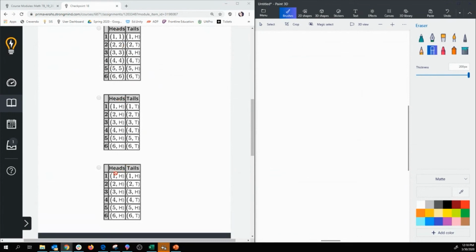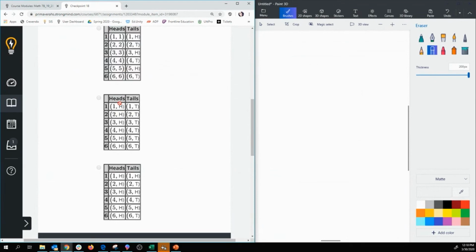Which means that in that entire column, we should have heads. In the second column, we have entirely tails, right? Which means that in our second column, we should have nothing but tails. So if I look at this first table, this first column here has 1, 1, 2, 2, 3, 3, 4, 4. Well, this one can't work because I should have heads in this second column, and there's no heads there. So this one is out.